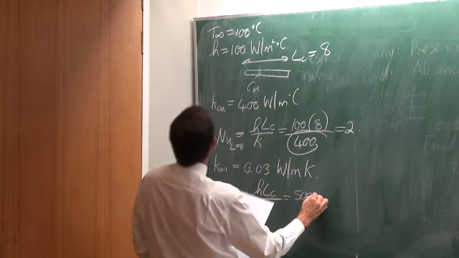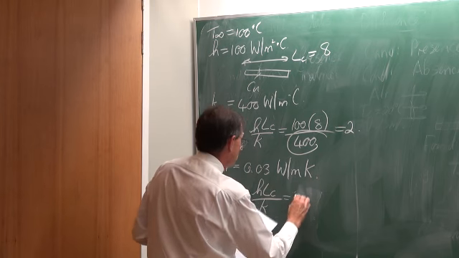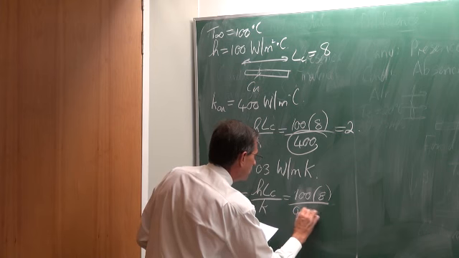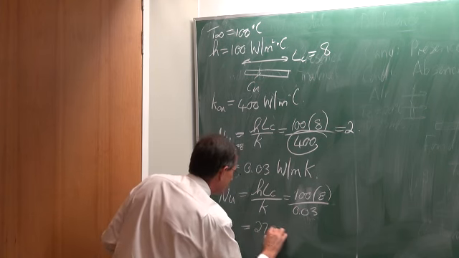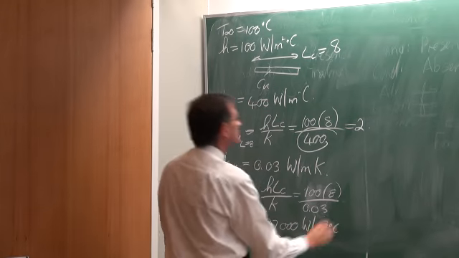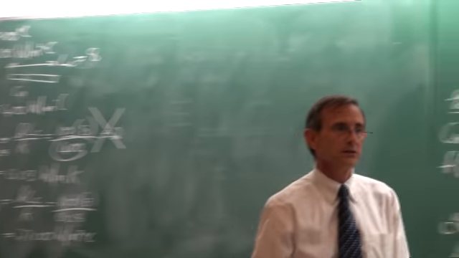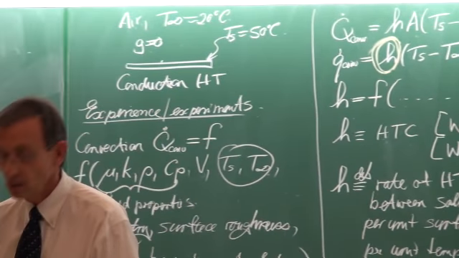It's equal to 100 multiplied by 8 divided by 0.03, and now it is something like 27,000. So be careful that you do not make that mistake when you calculate the Nusselt number.